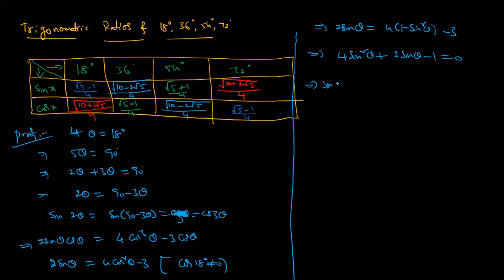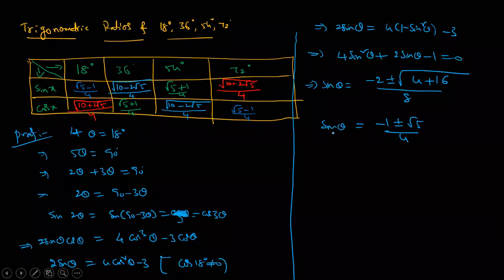Sine theta is equal to minus b plus or minus root over b square minus 4ac, by 2a. So that is minus 1 plus or minus root 5 by 4.